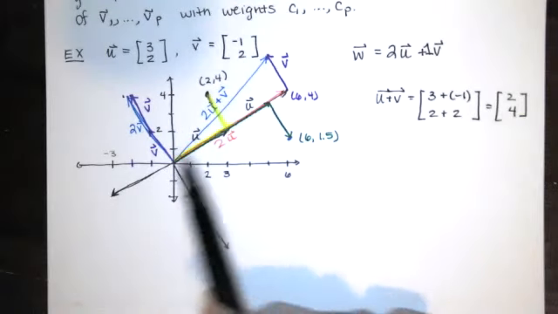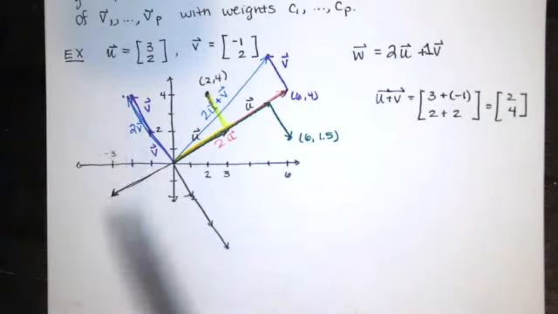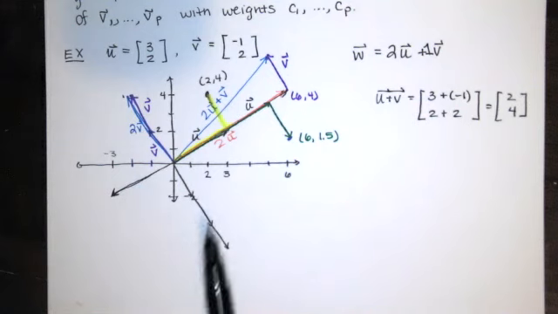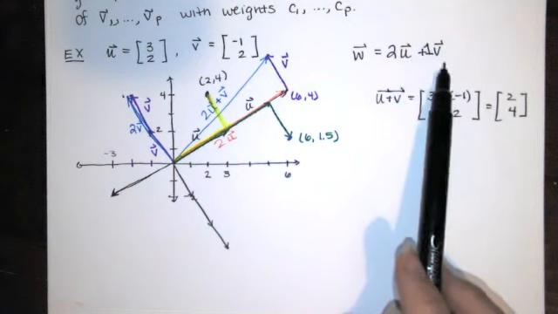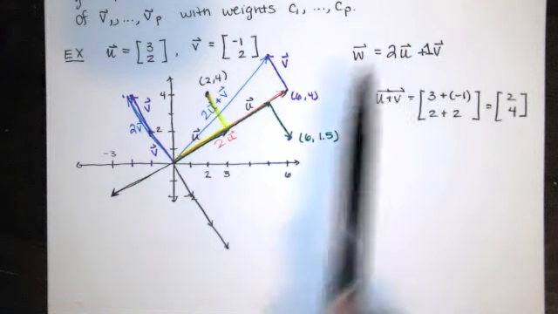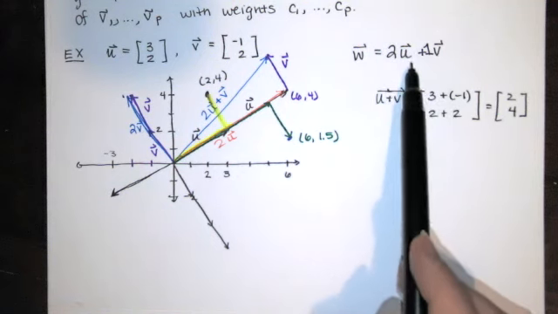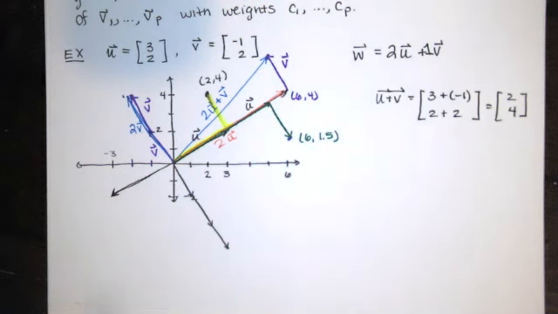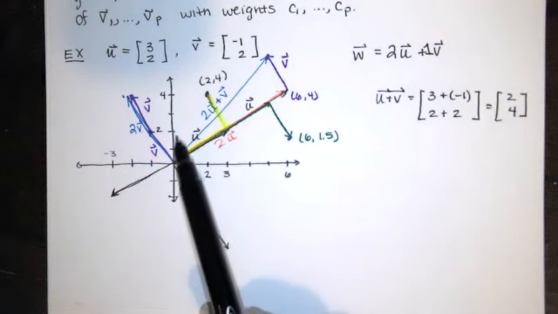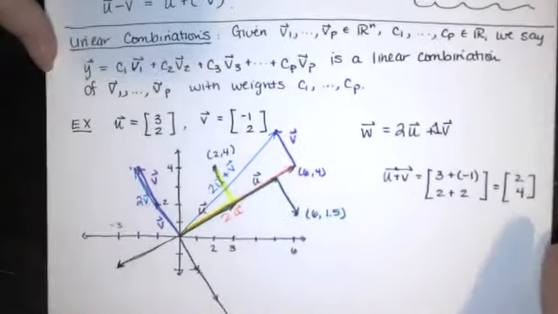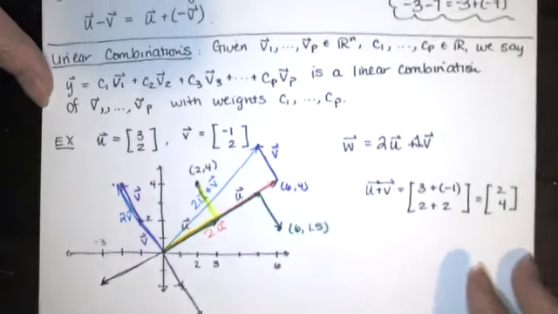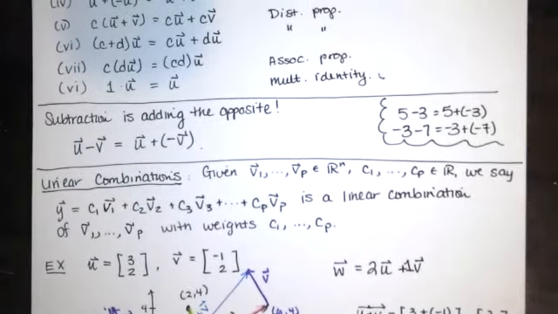So any point over here can be thought of as a combination of u and v, but you have to have the right recipe, or in other words, the right weights. The C1 and C2 have to be chosen just right so that you can get to that location or to that location. So that is what a linear combination is. Sorry that my picture wasn't a little bit better. Maybe next time I'll draw a better picture.